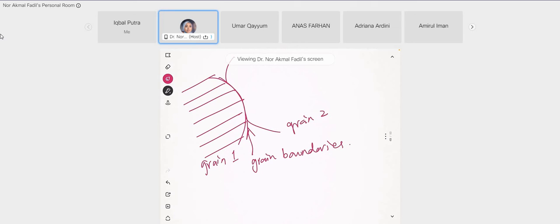Let's say this is the plane that slips along this slip plane, and when it meets another crystal orientation, let's say like this one, it just requires a slight energy to cross this boundary. So the angle shifted is small.